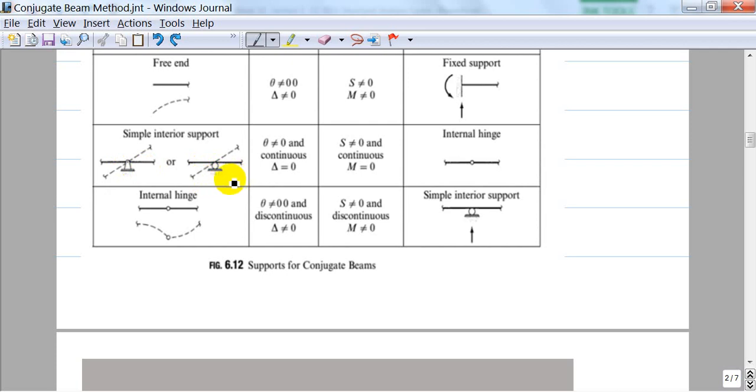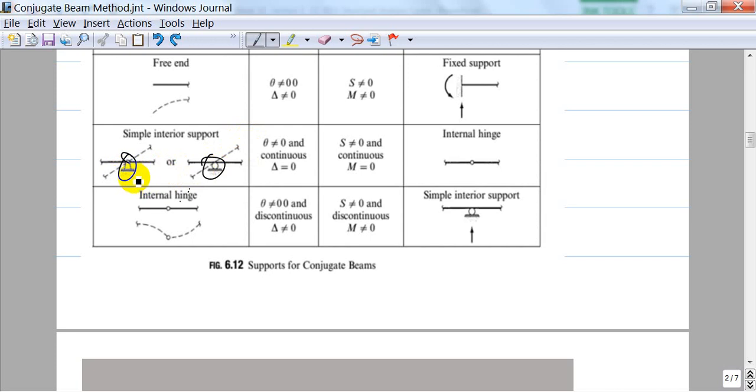in an internal pin your shear force will be there, but there will be no deflection. So in an internal pin or internal support, you have shear force, but you don't have any moment and you don't have any deflection. In the actual beam, at an internal support, there can be some sort of a slope, but you can't have a deflection here.